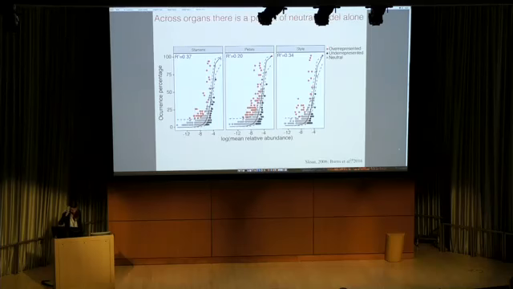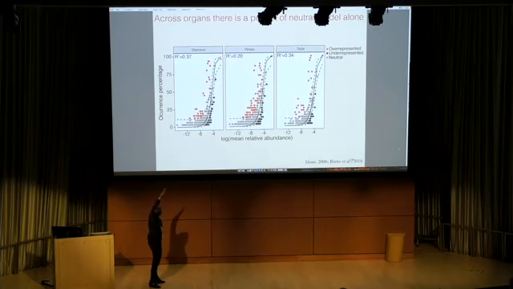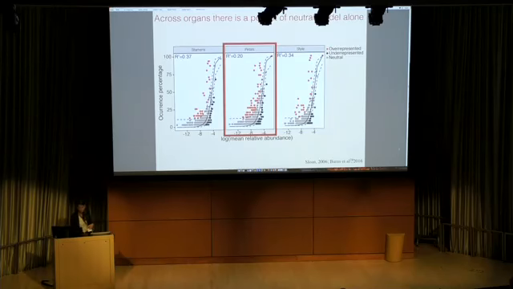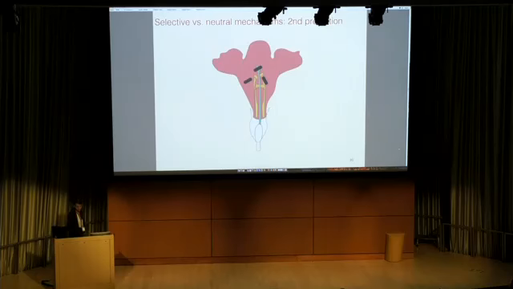What we see is that, in general, we have many OTUs that fit a neutral model, but then we have some that are overrepresented and a few that are underrepresented. Especially the petals are the ones that fit the neutral model the least, and they have a lot of overrepresented OTUs.